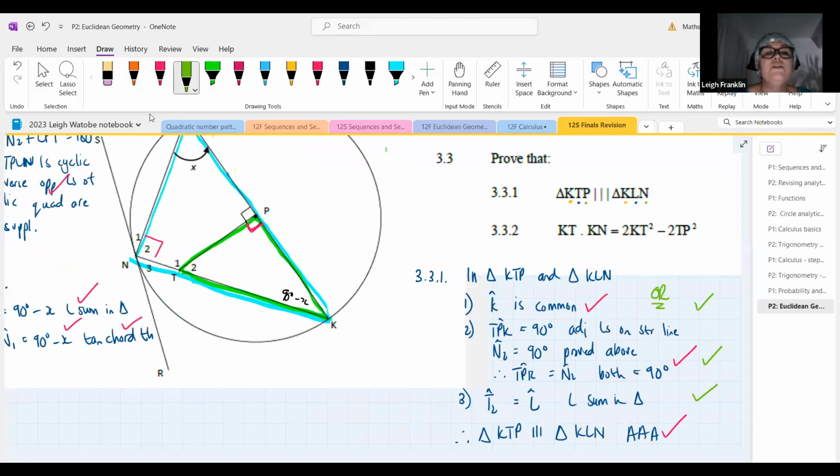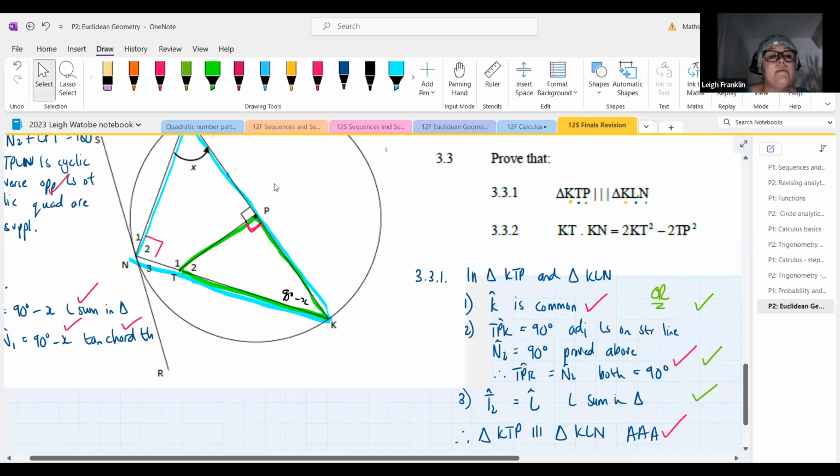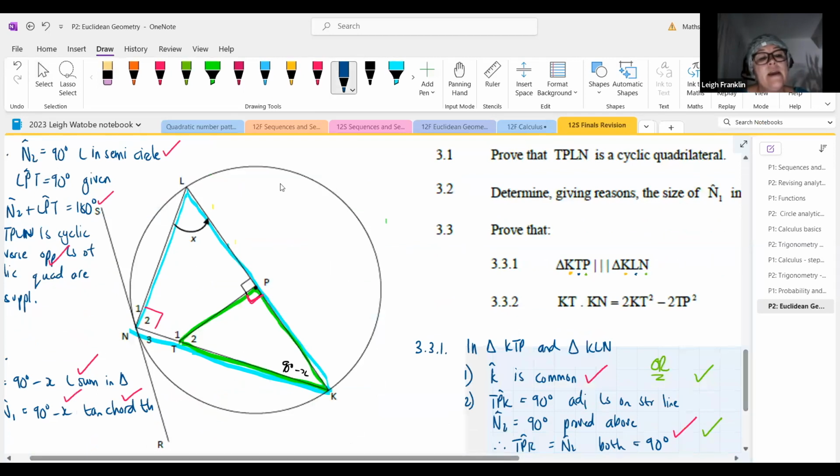I was going to rub these sides out again, but I suppose I don't have to. KT, where's KT? Okay, so KT is this side over here. There's KT. And TP is that side over there.